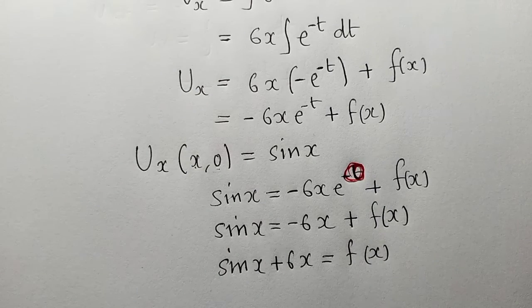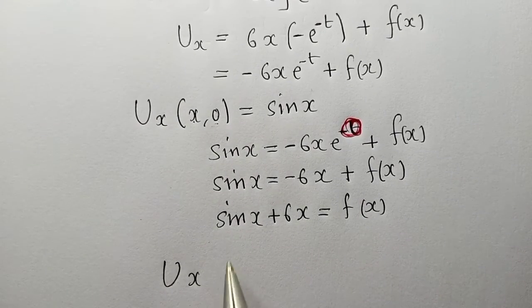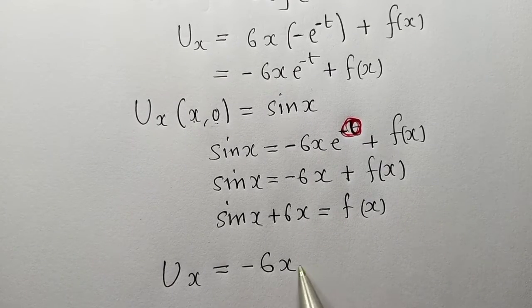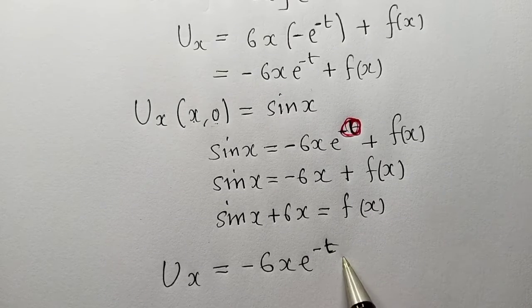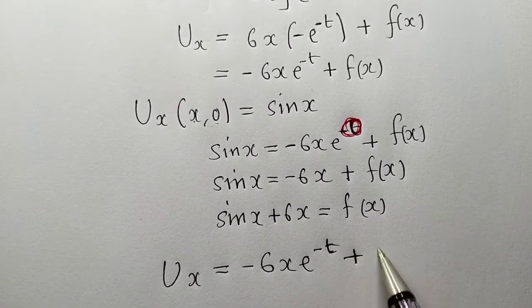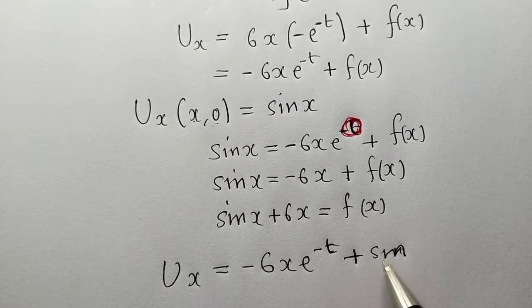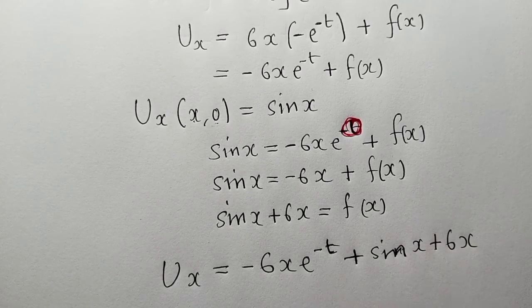So we're going to say u subscript x is equal to negative 6x e power negative t plus sine x plus 6x.